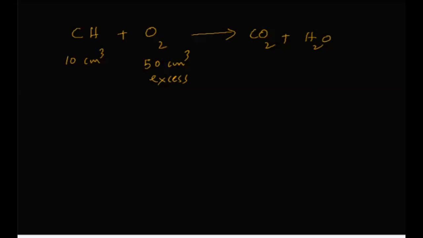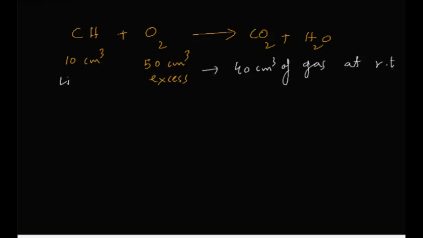by taking this much hydrocarbon and 50 cm³ of excess oxygen, we will get 40 cm³ of gas at room temperature. Now, this is in excess.